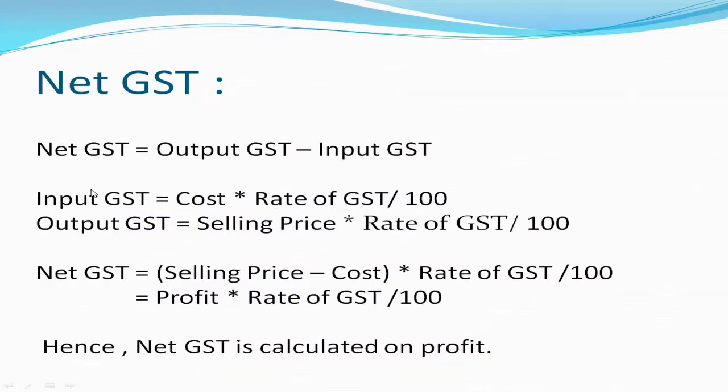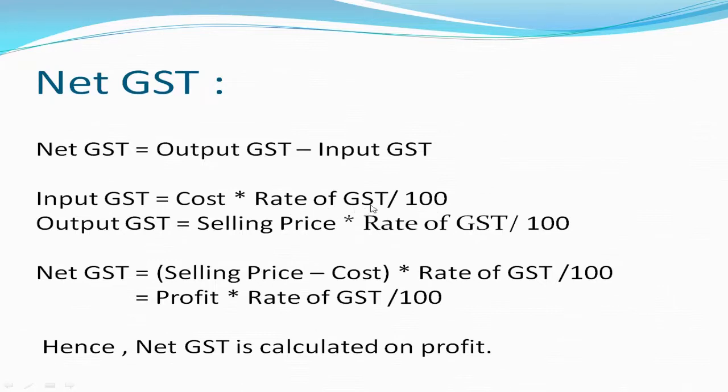So what we learned: net GST is output GST collected minus input GST paid while buying, right? So how is input GST calculated? When we are buying something, we are paying input GST, so our final cost multiplied by the rate of GST divided by 100, because it is in percent.